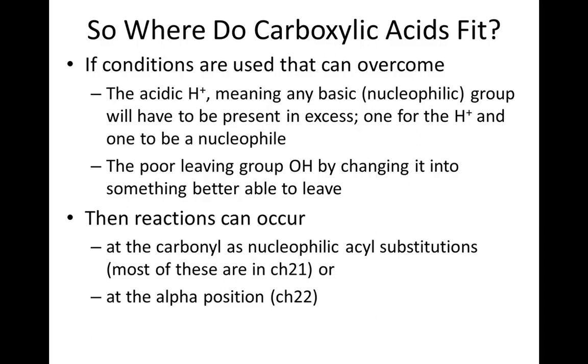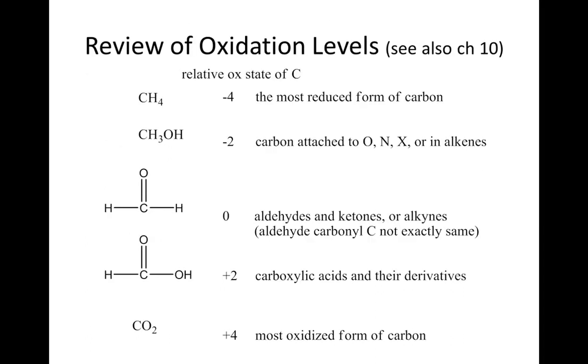And of course, the other thing, which we just talked about, is making the OH a better leaving group by changing it into something else. We'll see a little bit of that in this chapter, but like I said, mostly in chapter 21. And we'll also see some ways to operate on a carboxylic acid at the alpha position in chapter 22, but again, it's not going to be directly on the carboxylic acid itself. It's going to be by way of one of its derivatives.